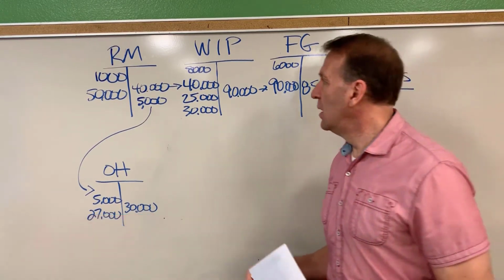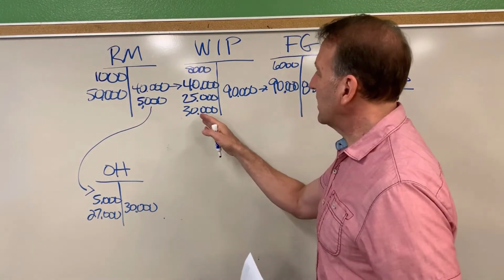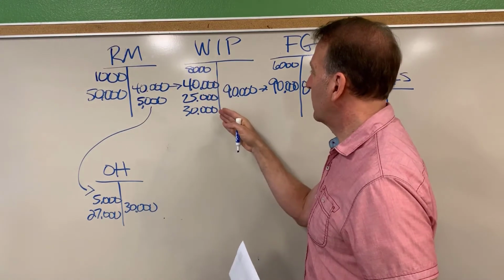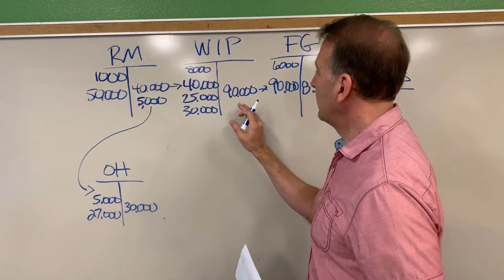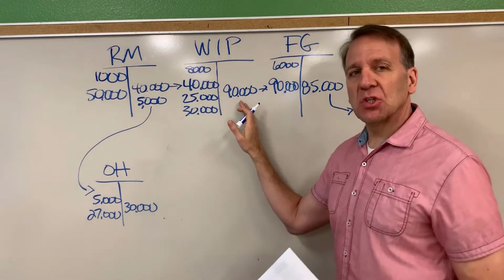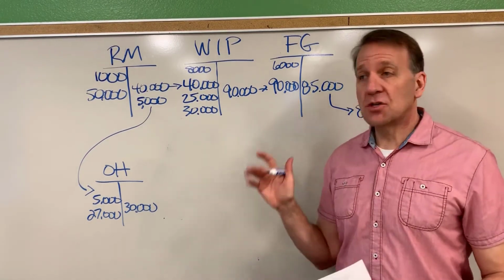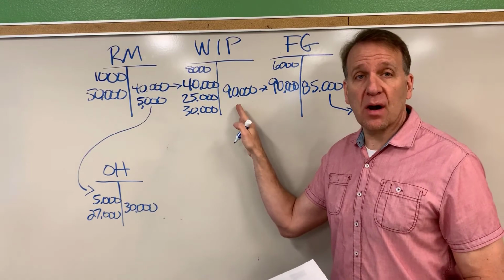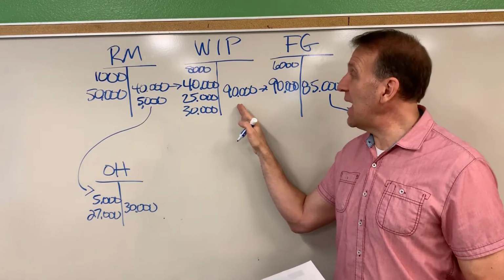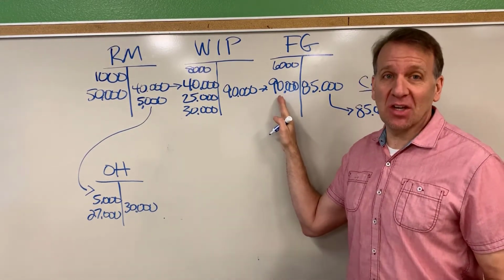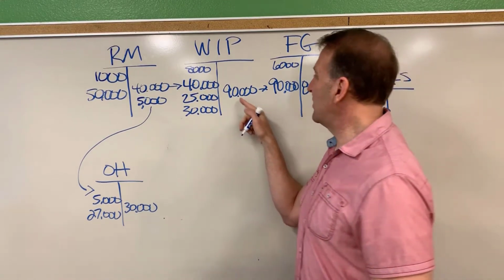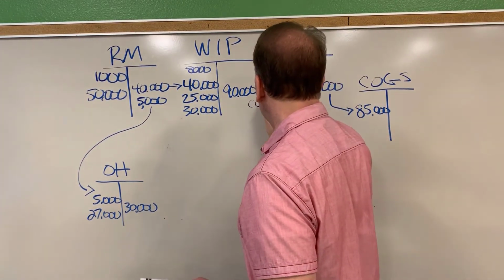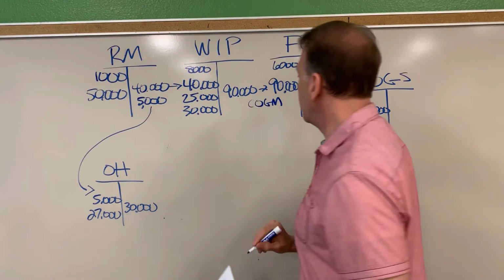All right, now that we've got all of our costs in work in process, we now have a job that's actually done. Once our jobs are done, we need to transfer costs out of work in process because it's finished and move it into finished goods. This 90,000 is called the cost of goods manufactured.